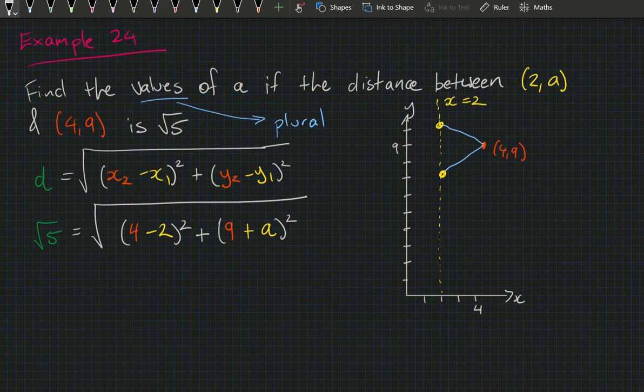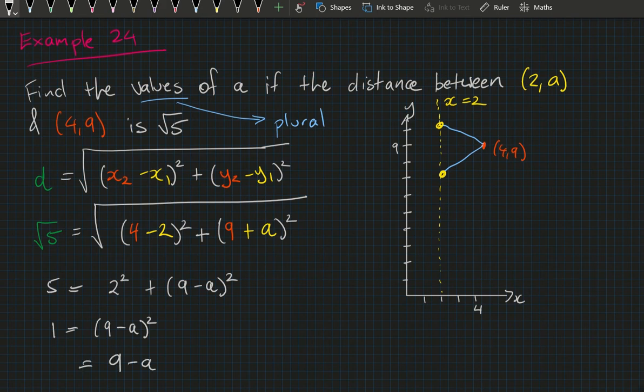Okay, from here, I'm going to square both sides. So now we have 5 is equal to 4 minus 2 squared, which is 2 squared, plus 9 minus a squared. And if I subtract the 2 squared, or 4, from both sides, we end up with 1 is equal to 9 minus a squared. So if I take the square root of both sides, it gets rid of the square on the right hand side, and we're left with 9 minus a.